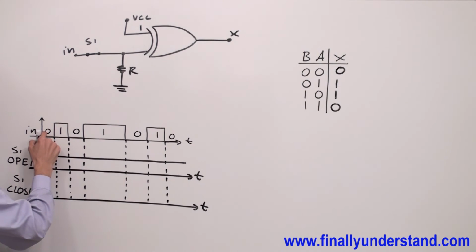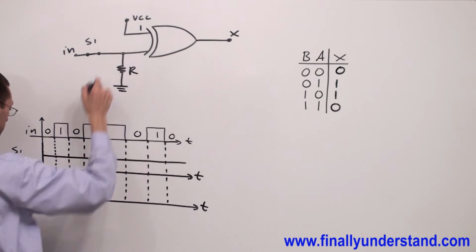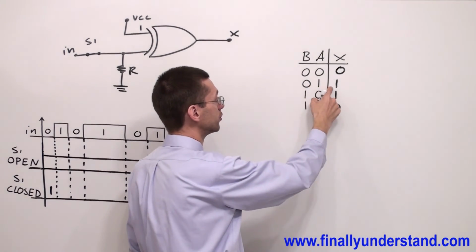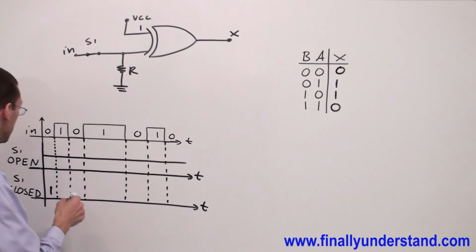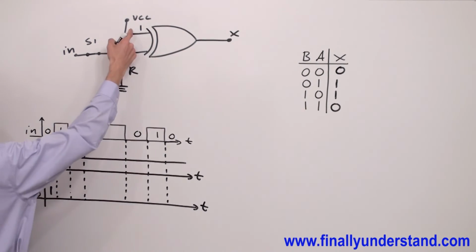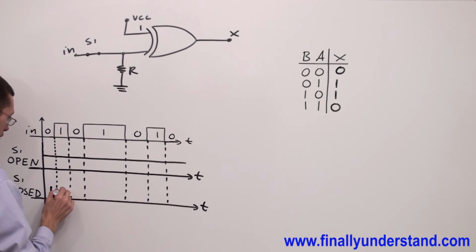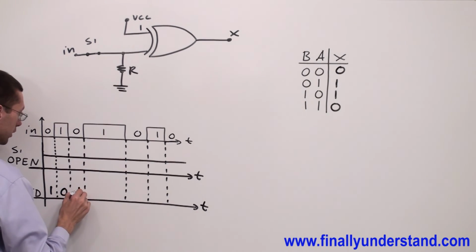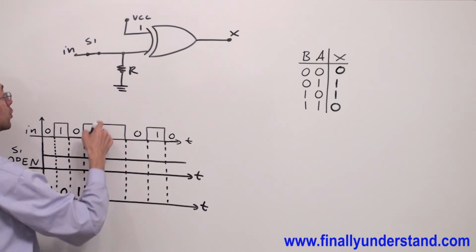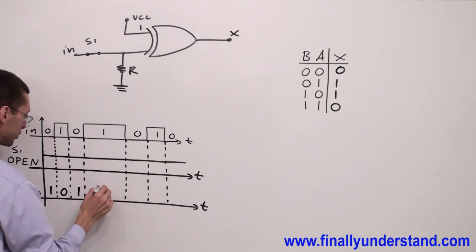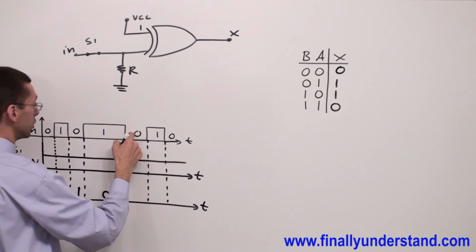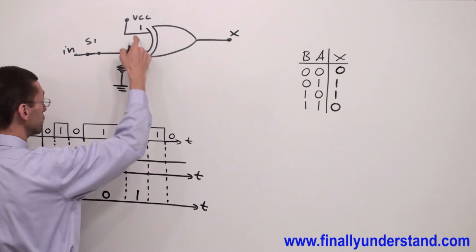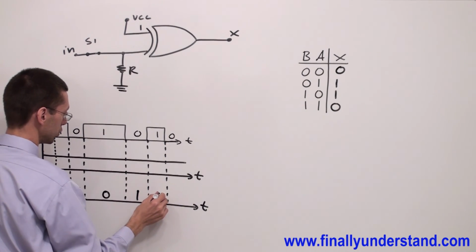We have 0, exclusive OR 1 gives me 1. 0, exclusive OR 1 gives me 1. 1, exclusive OR 1 gives me 0. 0, exclusive OR 1 gives me 1. 1, exclusive OR 1 gives me 0. 0, exclusive OR 1 gives me 1. 1, exclusive OR 1 gives me 0.